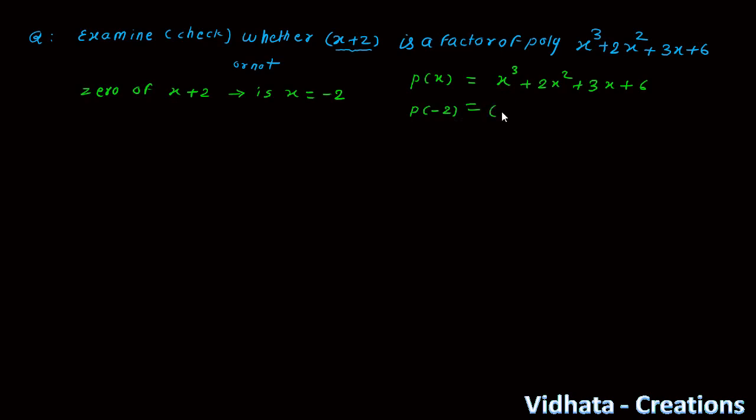That will give minus 2 cube plus 2 in bracket minus 2 square plus 3 in bracket minus 2 plus 6.